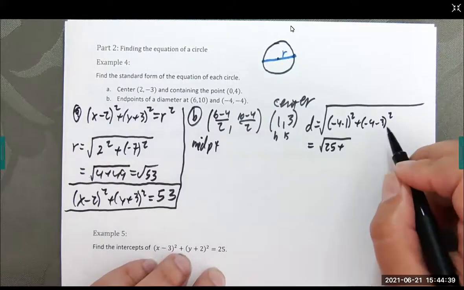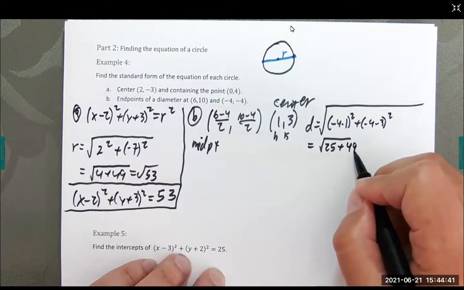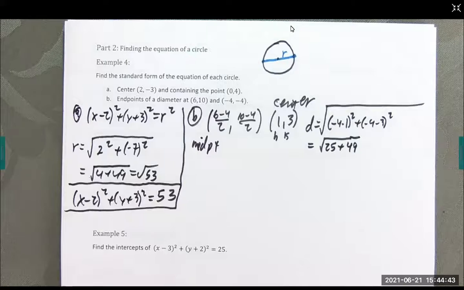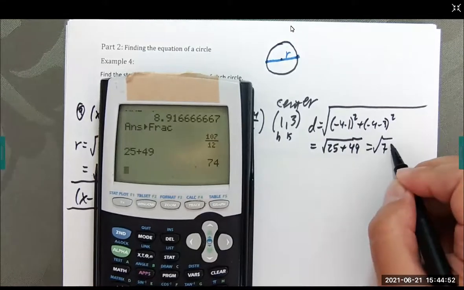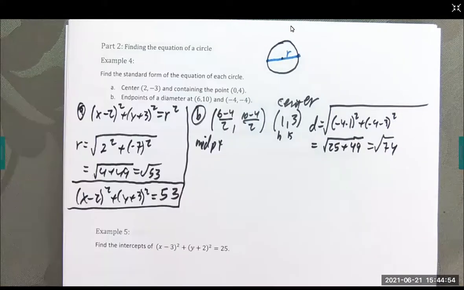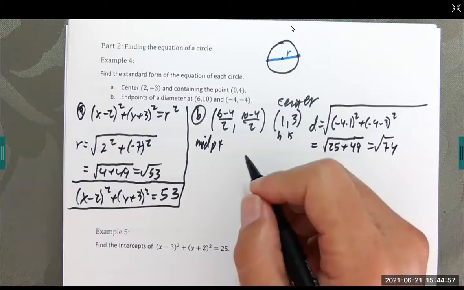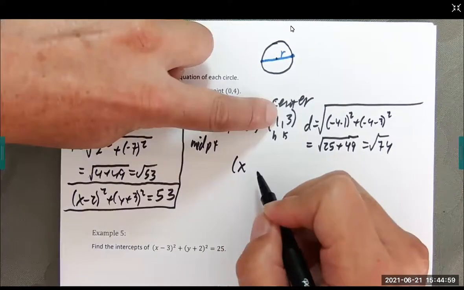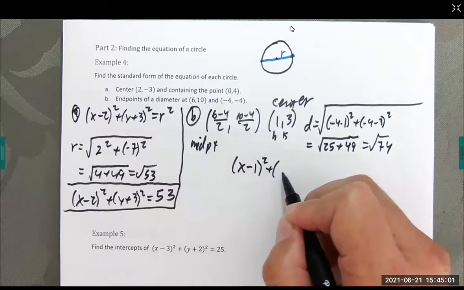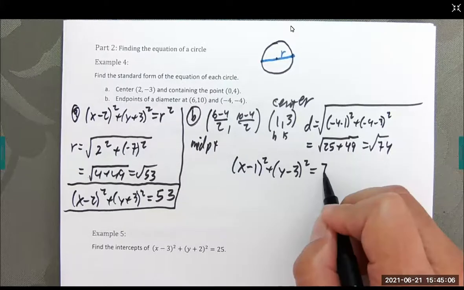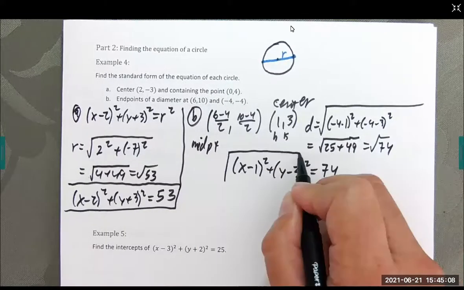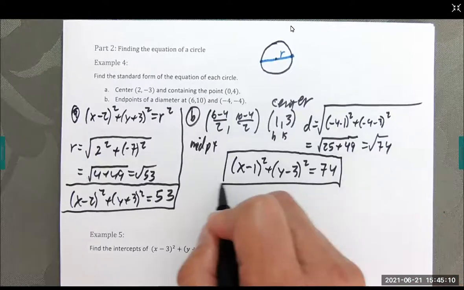And that's 7, so it's 49. And that is going to give us 74. 74, perfect. Which gives us our equation. X, remember opposite signs, -1 squared plus y minus 3 squared equals r squared, so 74. There you have it.